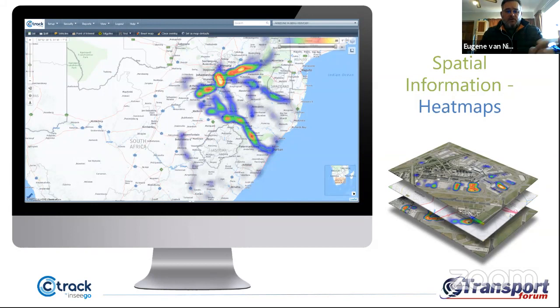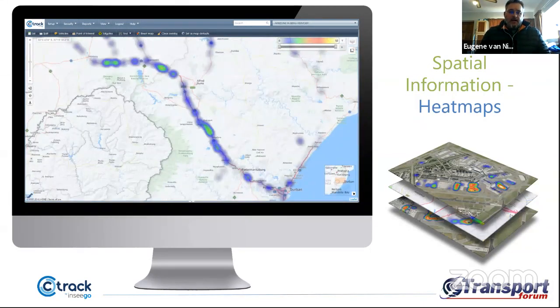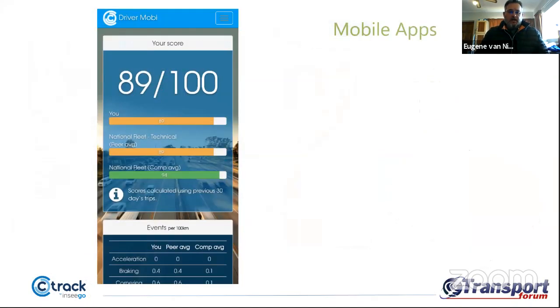If we take those locations and say this is Van Reenen's Pass, where we know the risk of vehicles having accidents, then we actually have insight. Then we know what our risk exposure is. So by using this in a better way, we now have a better set of data that we can use.